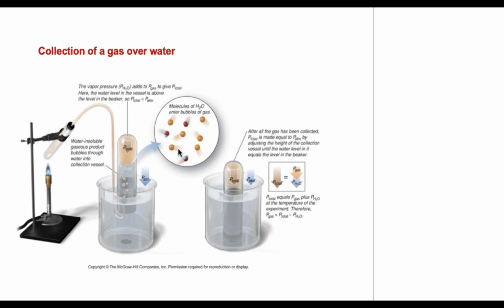After all of the gas is collected, we move the flask up and down until both water levels are equal, and so the total pressure is going to be equal to the atmospheric pressure.